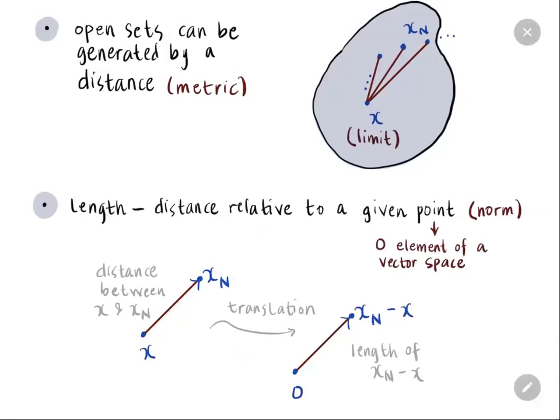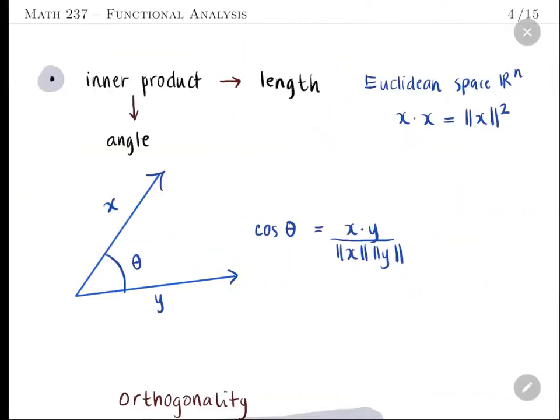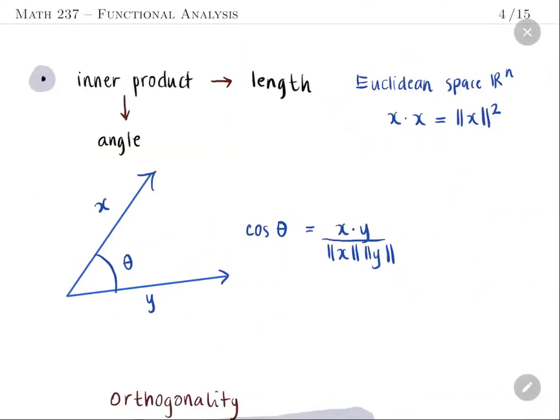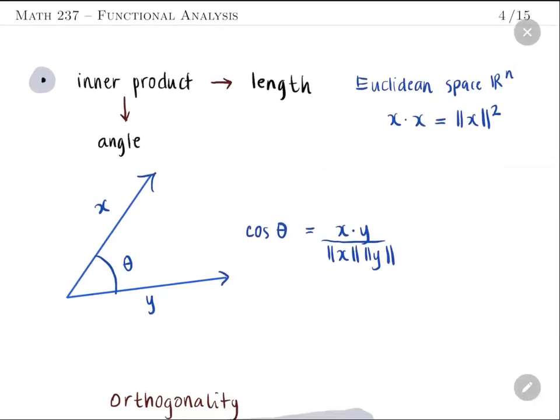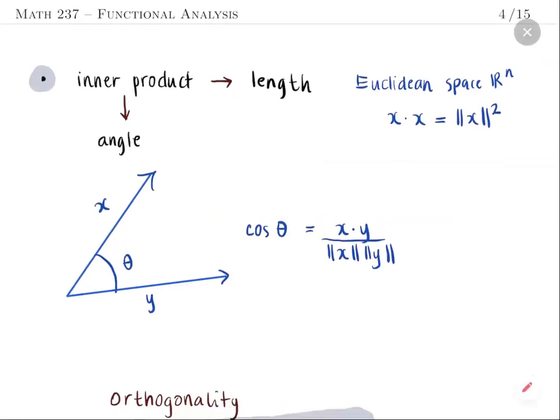We could also generate the concept of a length if you have the concept of angles or inner product. So for instance, in the Euclidean space, the inner product, let's say, of two vectors x and y is nothing but the sum of the products of the corresponding components, say x sub i and y sub i.